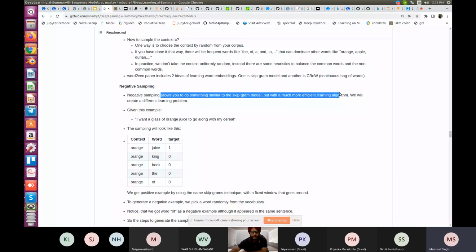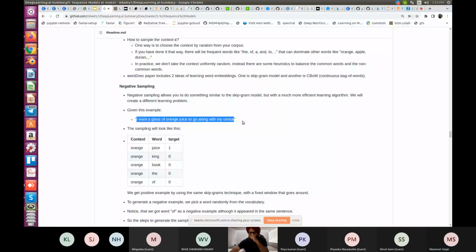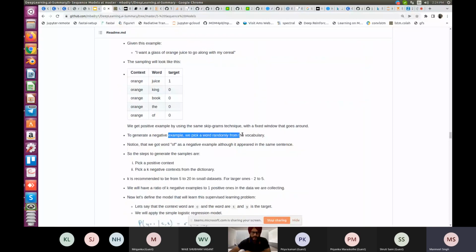So for the context orange, if your target is king, then you can say it's a negative sample. You label it as 0, and juice you label it as 1. To generate a negative example, we pick a word randomly from the vocabulary.